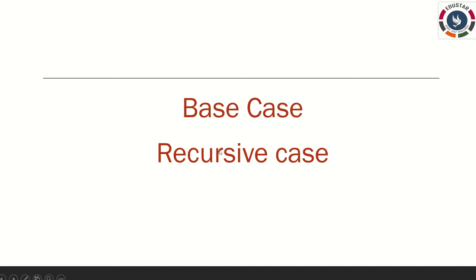We want to terminate the recursion. If we use only the recursive case, it goes on infinitely, so we want to finish that. That's why we use the base case. For terminating the recursion after a finite number of steps, every recursive function should be terminated. That means it should stop the recursive calls.